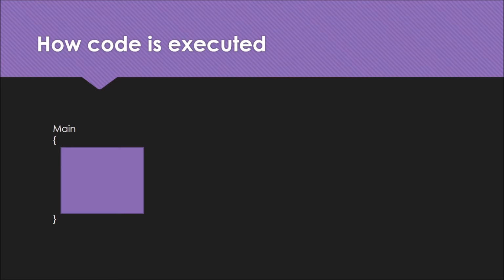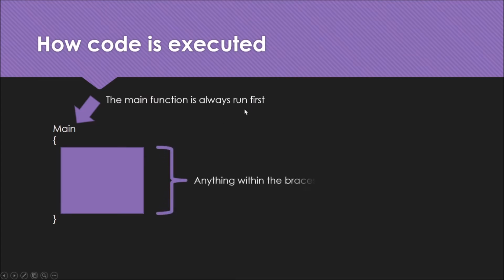In this main function, whatever is within these braces, or you can call them curly brackets, is what is going to be executed. Whenever you run the program, the main function is always run first, and then anything within these braces is executed. It can be 500 lines of code, it can be 2 lines of code, depending on what kind of program you have written.